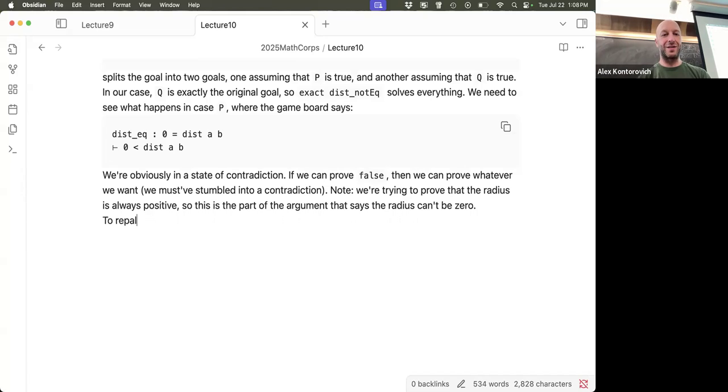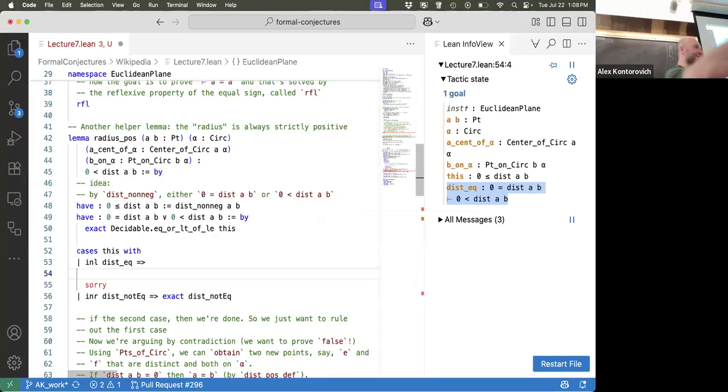To replace any goal by false, the tactic is called, that's a good guess. I don't know a good way to tell you what it's going to be called. It's called ex falso. Ex falso is like Expelliarmus.